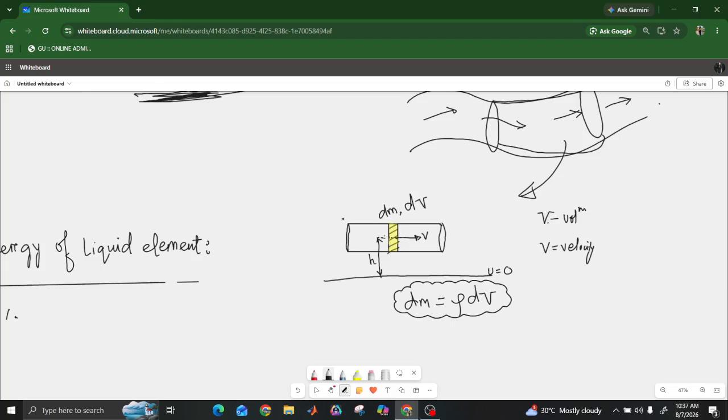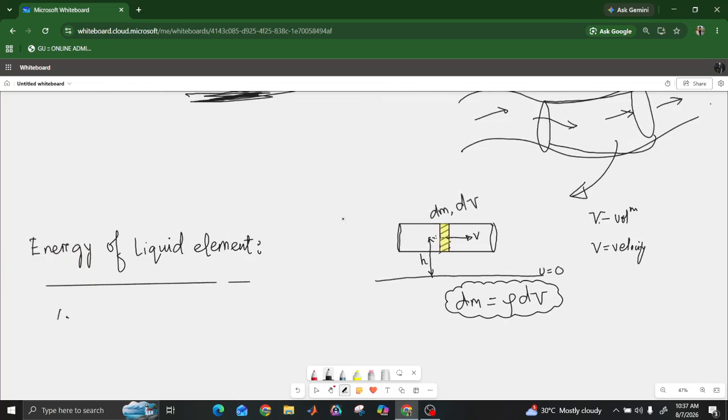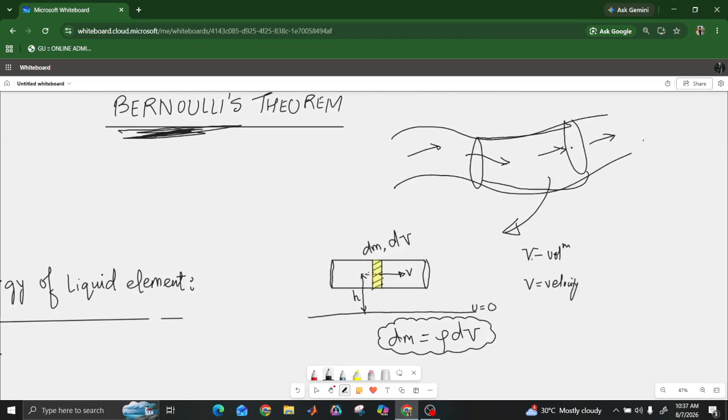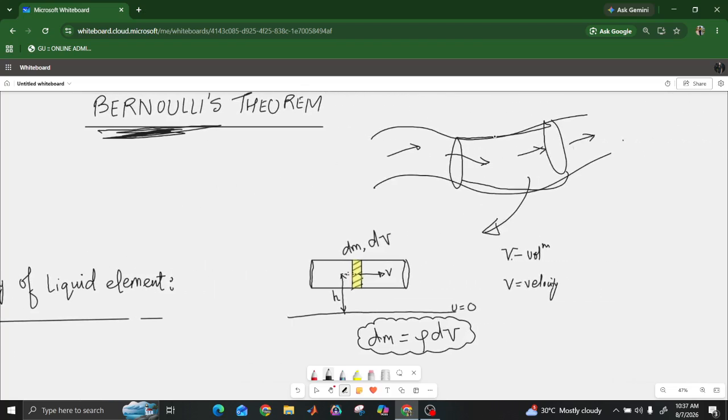Now let's go back to what are the different types of energy in a flowing fluid. This is a fluid which is flowing, so it has different kinds of energy in it. What is the one most common energy that we can have? Since it has velocity, it will have kinetic energy. Suppose this is the base and this is a pipe, and it's at a height.